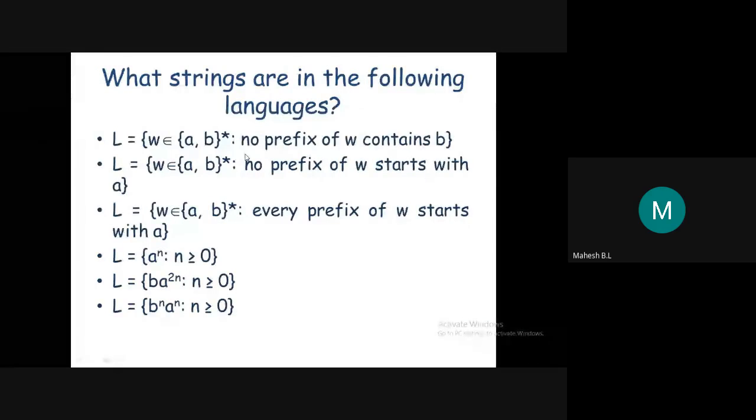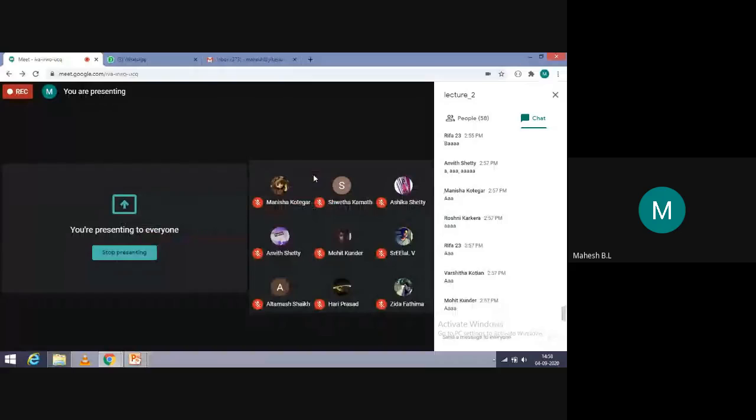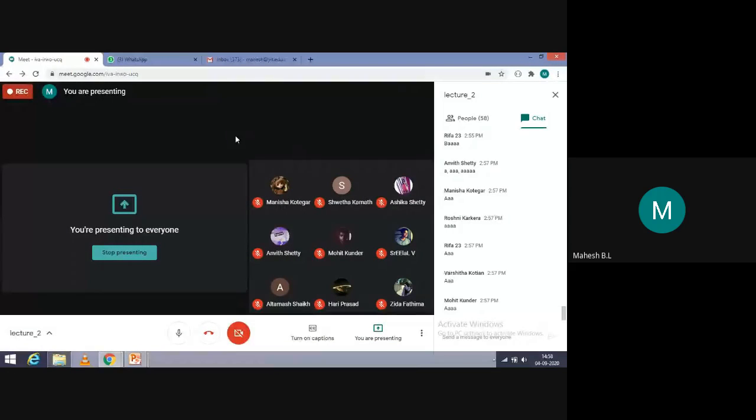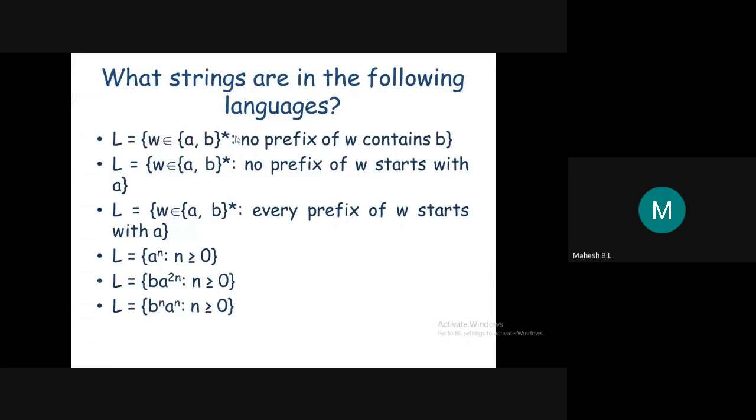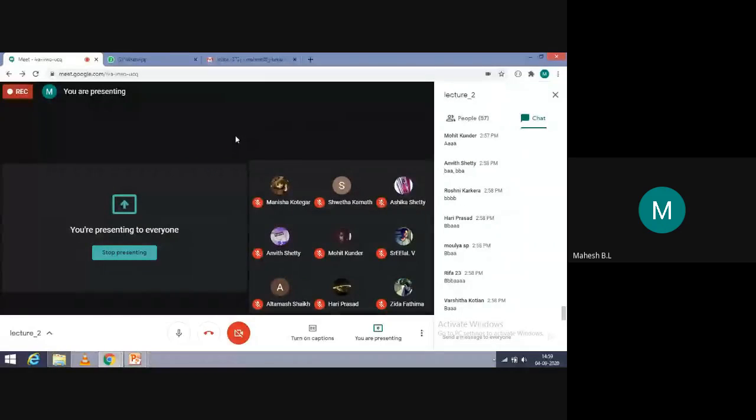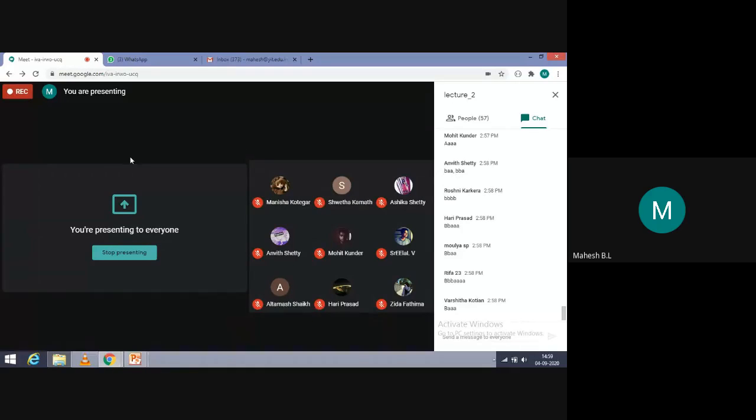Next language. L is equal to W belongs to {A, B}* such that no prefix of W starts with A. Can you give some examples for this? Yes, these are the examples.